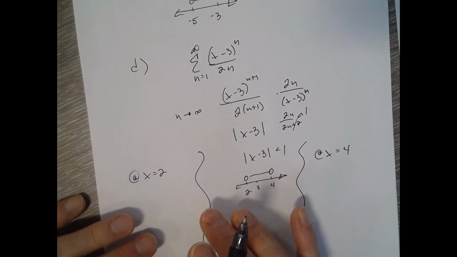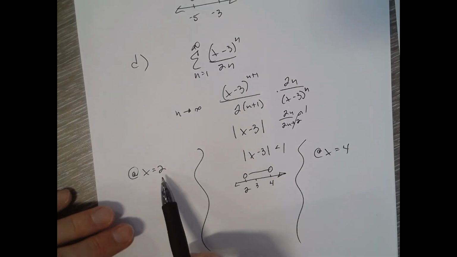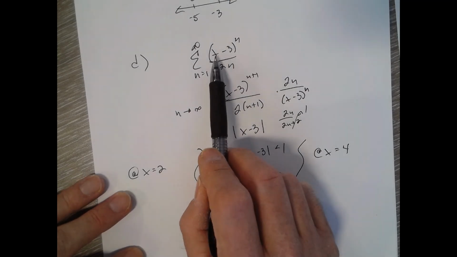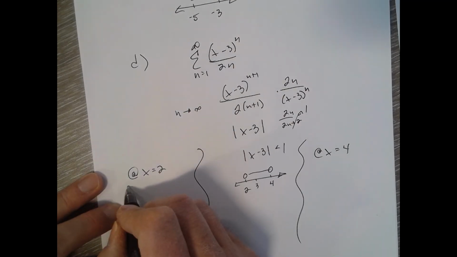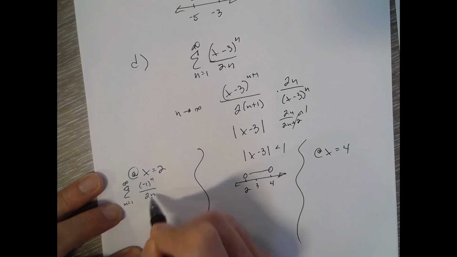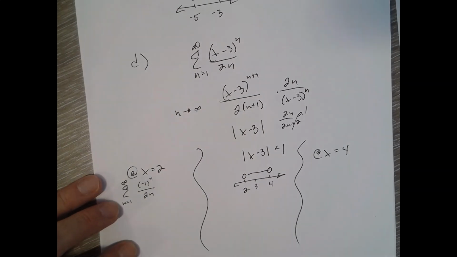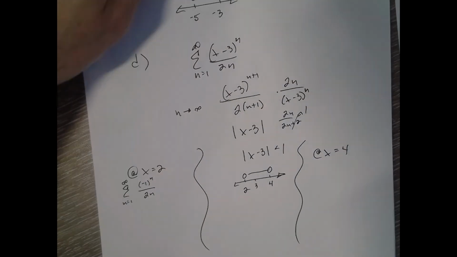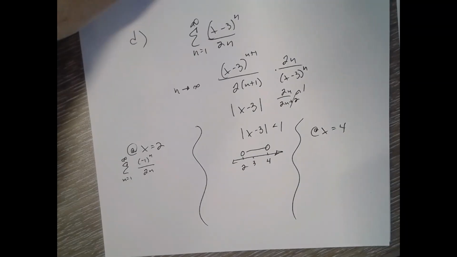So at x equals 2, let's see if it converges. So you go back and plug 2 in for x, so it becomes the sum of negative 1 to the n over 2n. It converges. How do you know it converges? The alternating series test.